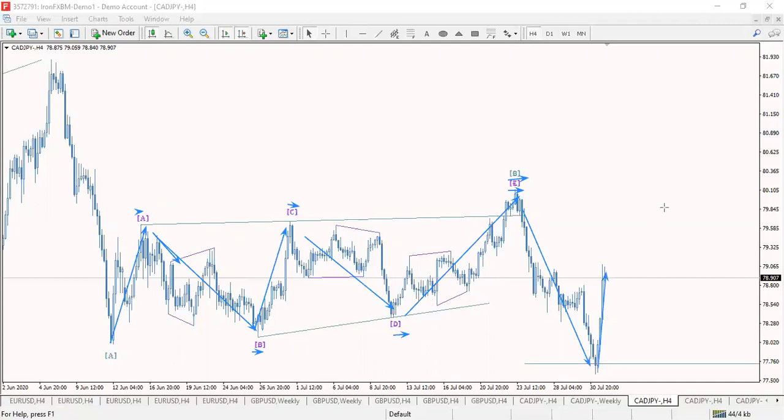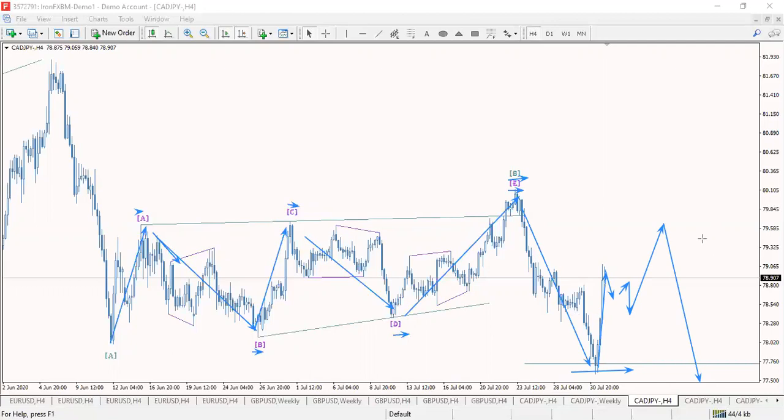So what are we expecting in the coming week? Either we are done, we are finished with this move down, then we're heading to the upside, or we will get a correction, a move higher, then another move down. That's what can happen in the coming week.